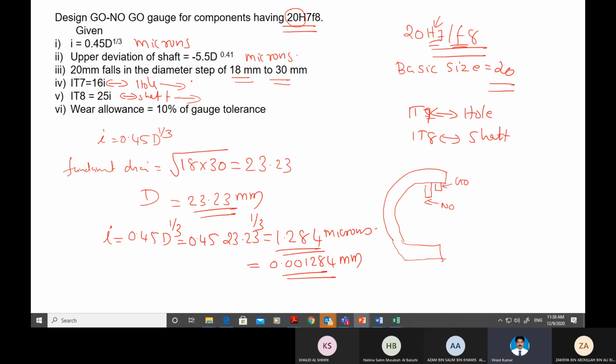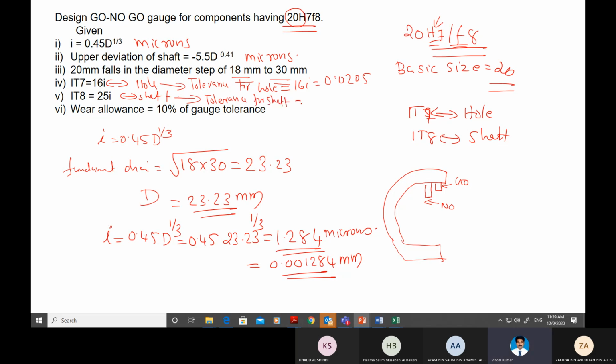The tolerance I am writing here, just listen. Tolerance for hole. Why hole? Because it is IT7, H7 equal to 16I, which is equal to 0.0205. Correct.